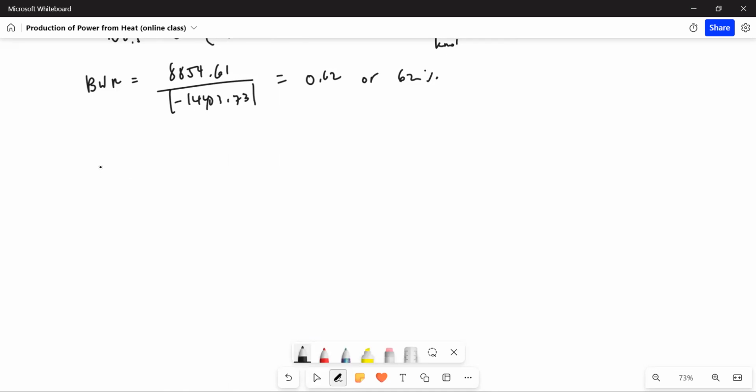So next we have B, the efficiency of the cycle, eta cycle, or eta Brayton. We directly make use of, say, we assume air standard conditions, so we make use of the equation here. Just substitute the values.